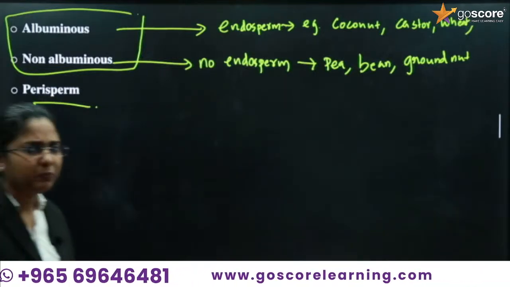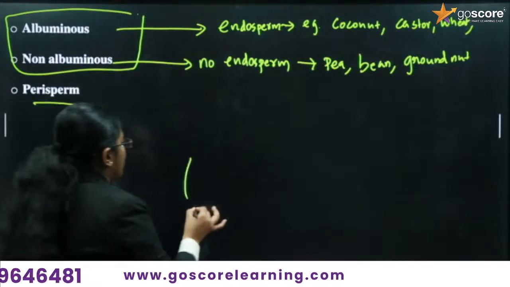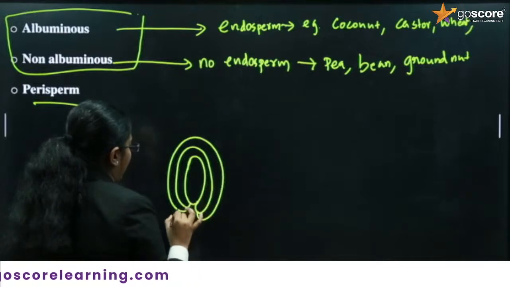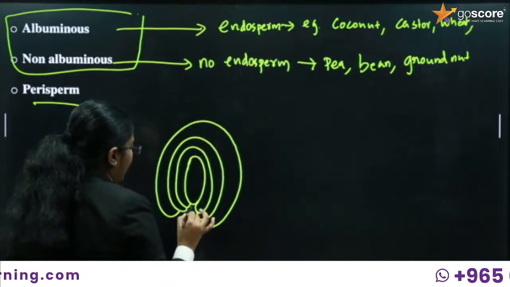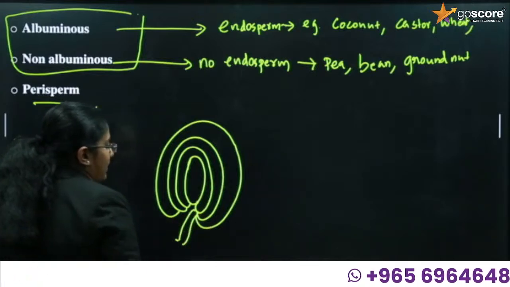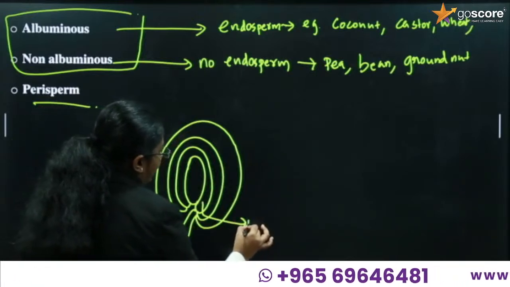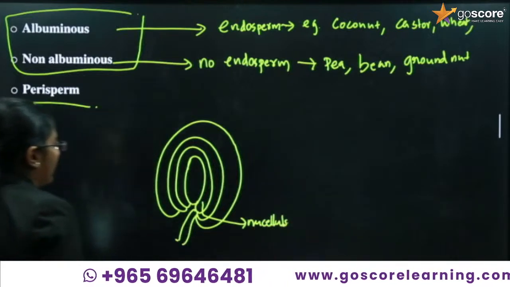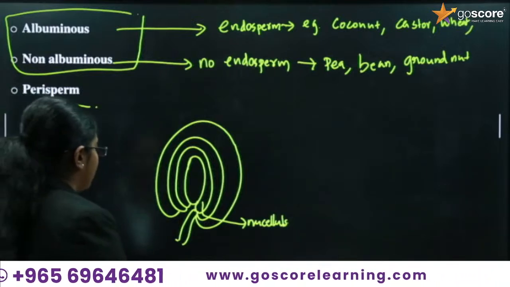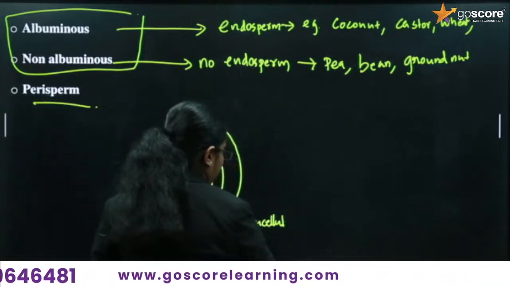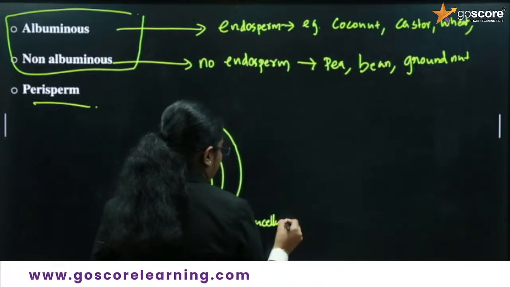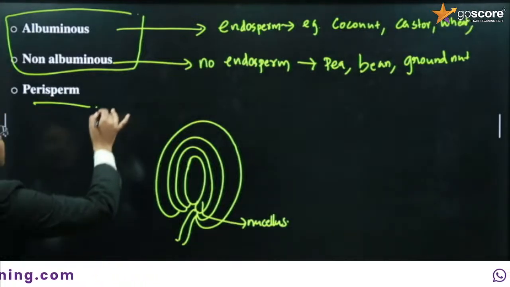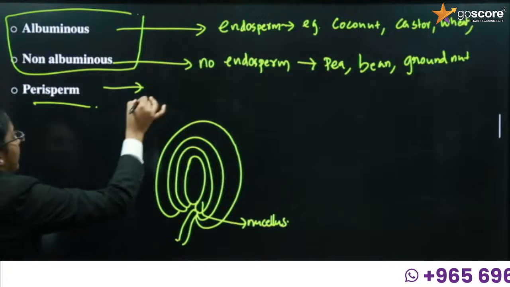What is perisperm? We have the structure known as the egg apparatus, then covering the egg apparatus, there is the nucellus, then outer integument and inner integument, then a funicle is present. This is the nucellus. If the nucellus remains in the seed, then that kind of seed we will call perisperm.